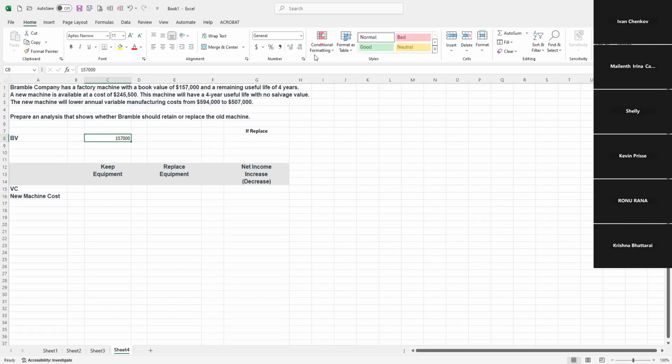That's our book value. Make it bigger so you can see it. And then format everything here.